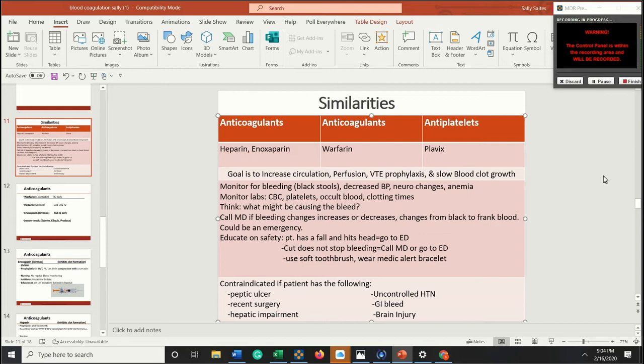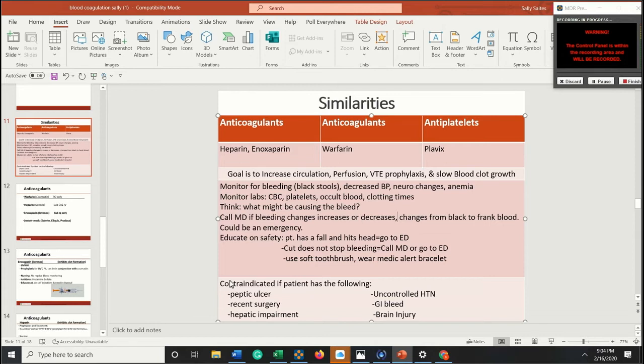So if you have a patient, you need to think ahead and think what's the worst possible thing that can happen to this patient and what do I need to be looking for? Okay. And also what caused the bleed. So for example, if someone is started on Coumadin, but they have a peptic ulcer, that's contraindicated because if the Coumadin is going to make you bleed, well, a peptic ulcer bleeds.